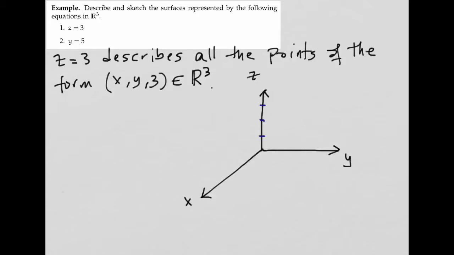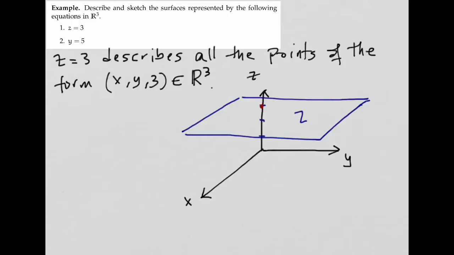So let's draw a plane that goes through this point (0, 0, 3) and parallel to the xy plane, something like this.